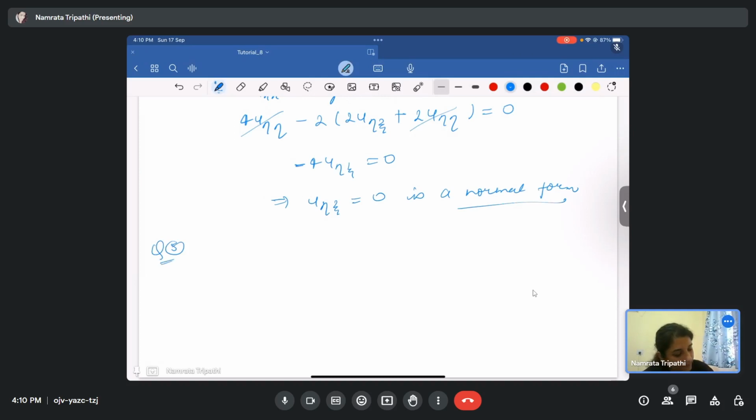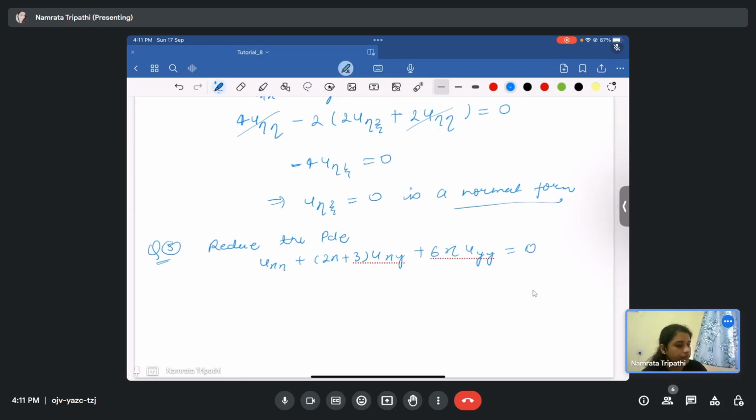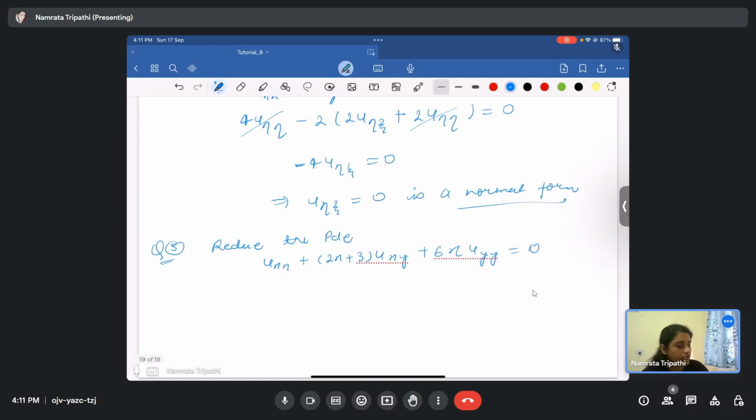Question 5 says reduce the PDE 2x uxx plus 2x plus 3 uxy plus 6x uyy is equal to 0. Now tell me what this PDE represents. Calculate delta and tell me.